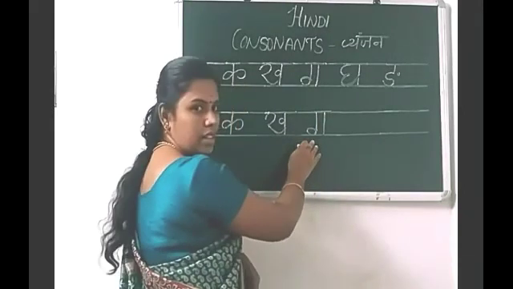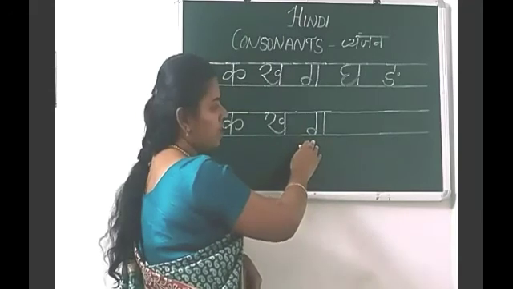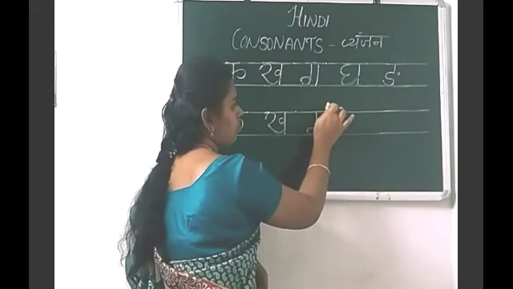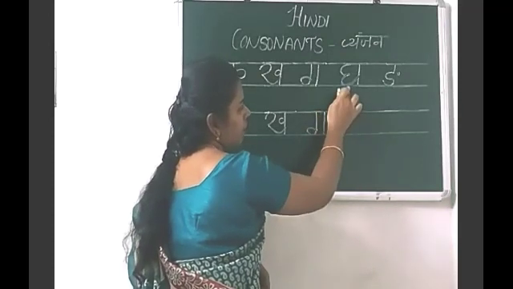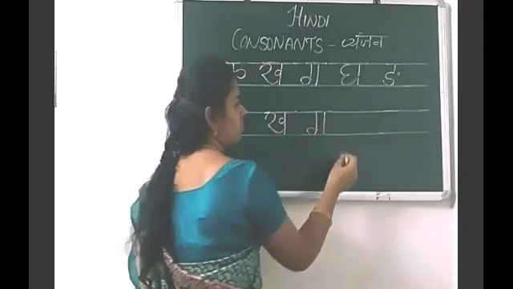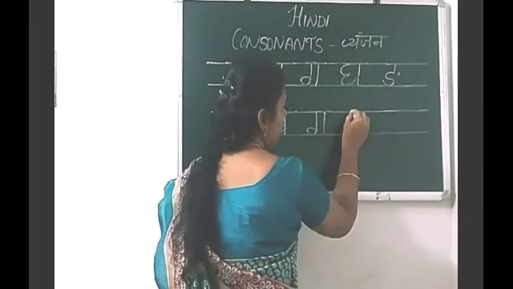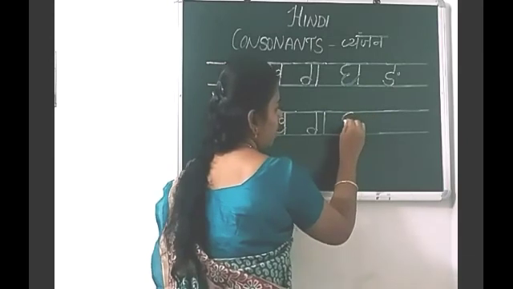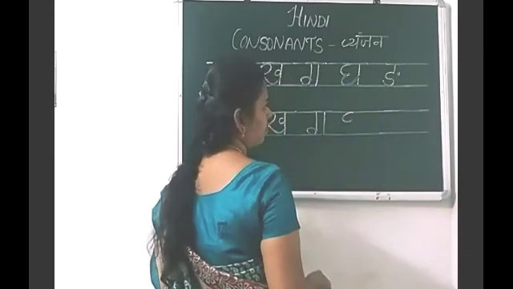What is this letter, children? Ga. Children, next letter Ga. Begin with one semicircle.